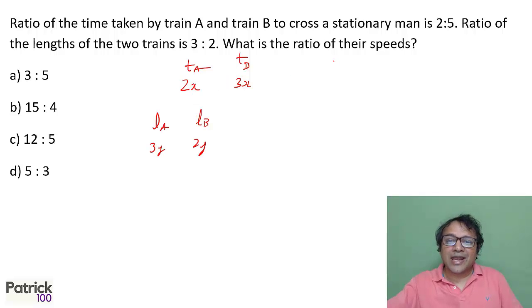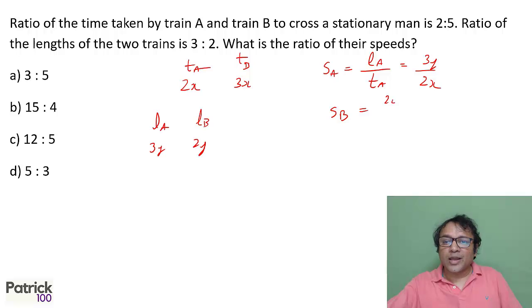So speed of train A is nothing but length of the train upon the time taken to cross a stationary man, which comes to 3y upon 2x. And the speed of B will be 2y upon 5x.